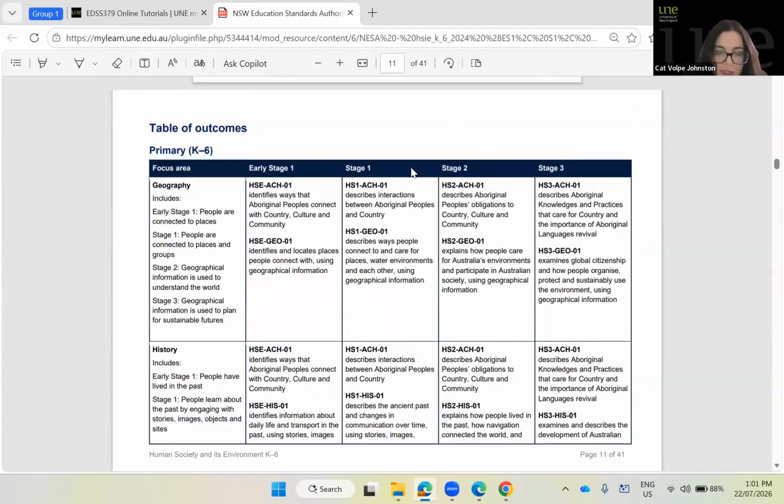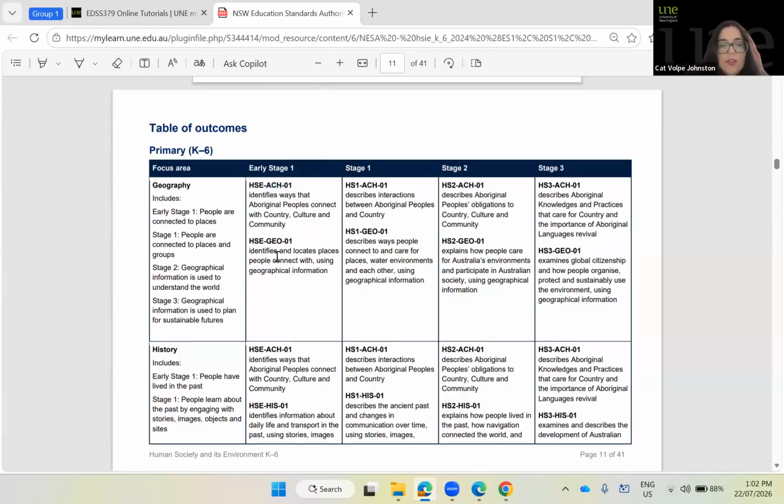This outcome here is telling you that this E here is early stage 1, and HS means HSIE, so you can see the HS is all throughout to differentiate from, say, English, maths, etc. But the E tells us that it's early stage 1. This here tells us that it's the Aboriginal cultures and histories focus outcome, and that goes for each of these.